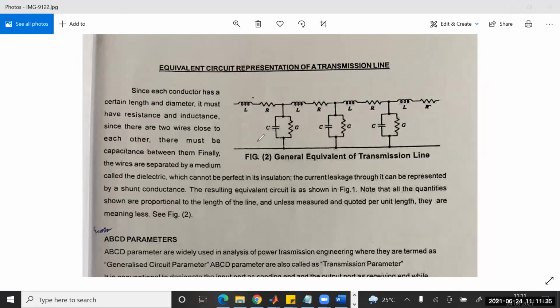Okay, make this as your L1 R1, L2 R2, L3 R3. This is your C1, C2, C3, and in these figures, G is not there. Okay, G is not there over here.